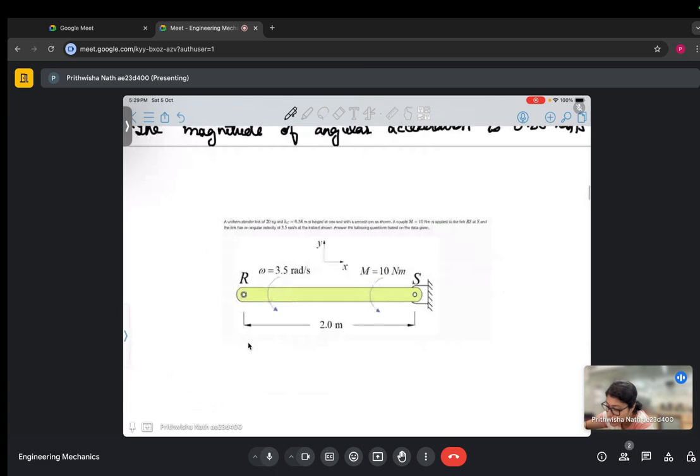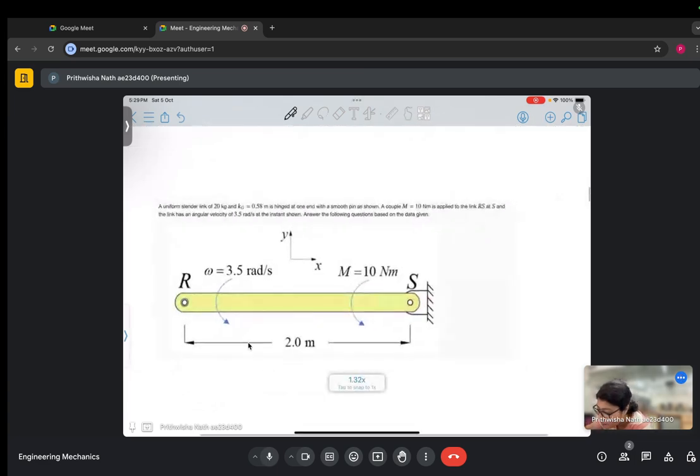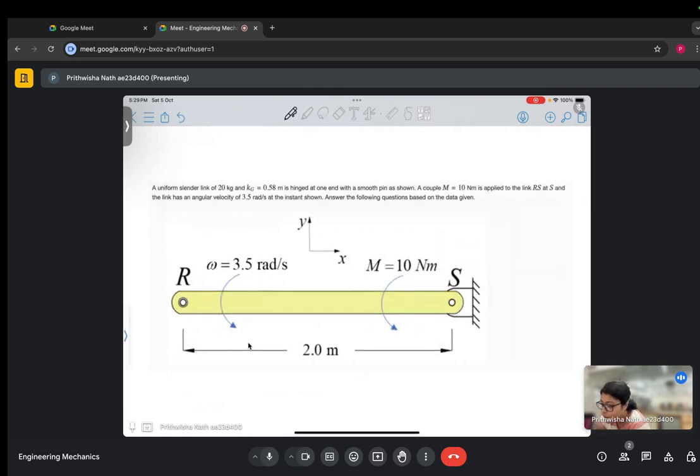Now moving on to the next part of the next question. A uniform slender link of 20 kg and kg equals to 0.58 is hinged at one end with a smooth pin as shown. A couple M equal to 10 Newton meter is applied to the link RS at S, and the link has an angular velocity of 3.5 radian per second at the instant shown. Answer the following questions based on the data given.